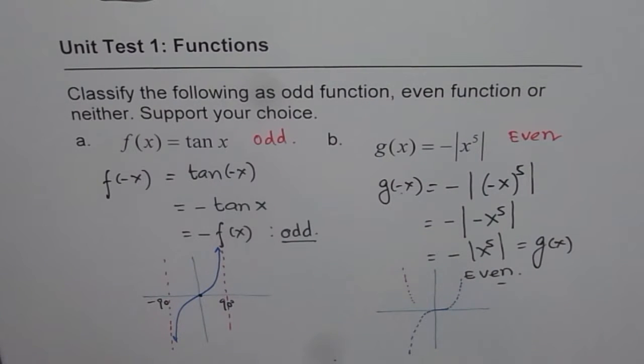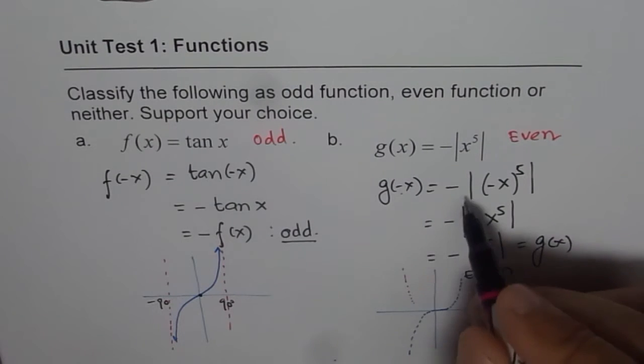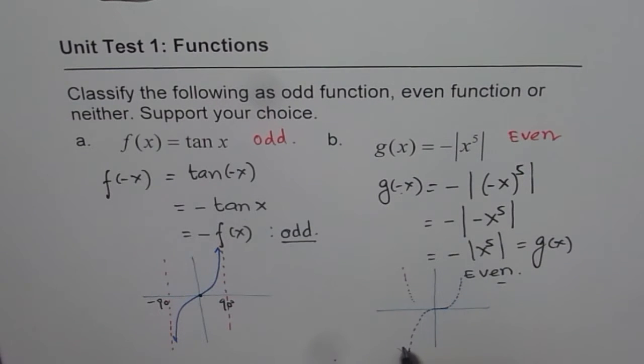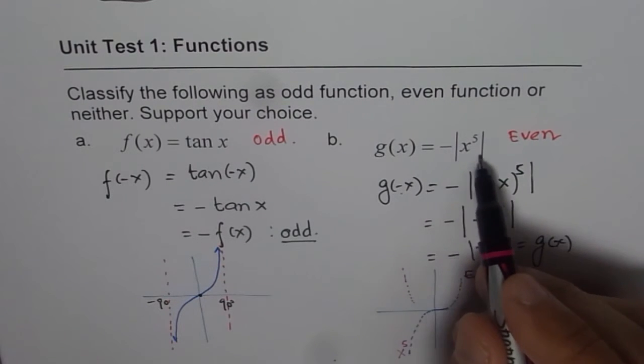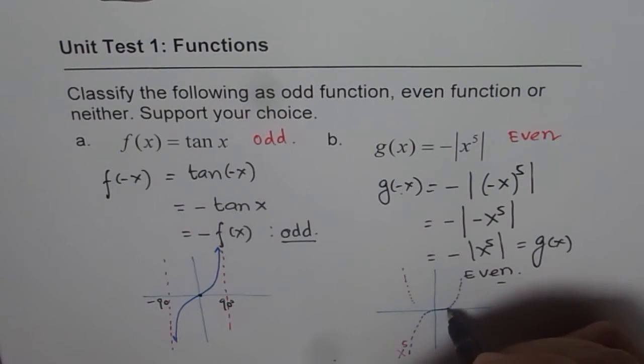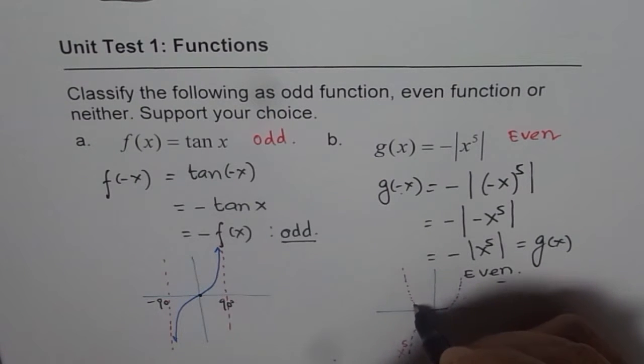So let me continue with this. When we do absolute, let me write x to the power of 5. Now when I take the absolute of x to the power of 5, the negative part reflects, right? So this part reflects, and we have a function like this. Do you see that? It gets reflected here.